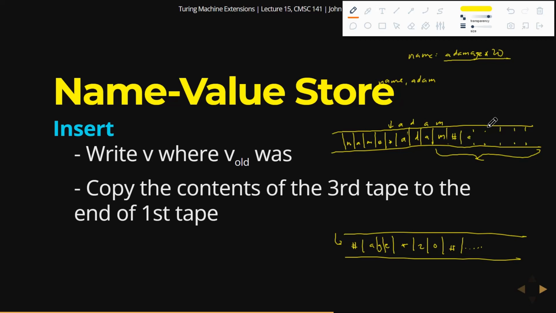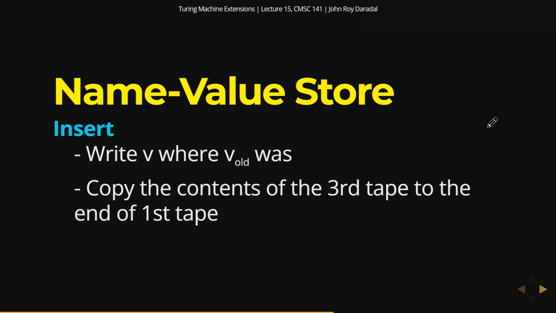So age star 20 hash. Okay, and we have now successfully updated the name to become Adam, and then it's bounded by this hash, and then age is still 20. Okay, so that is how you safely update a new name value, or an existing name value pair. Okay, so update the value. So that's it.